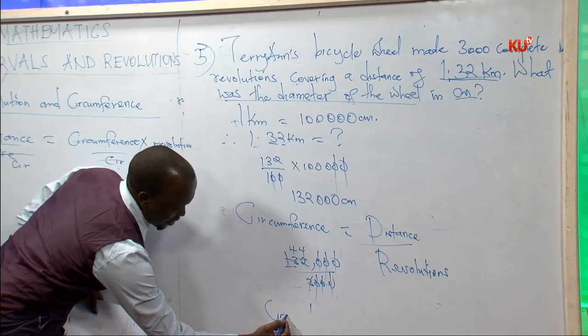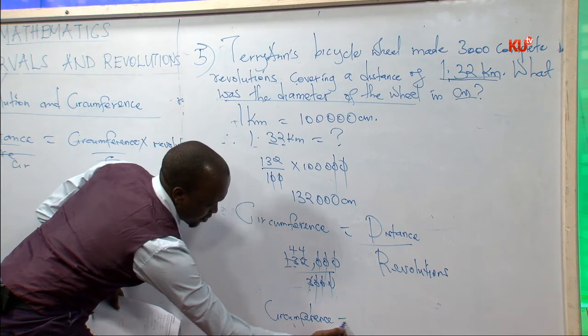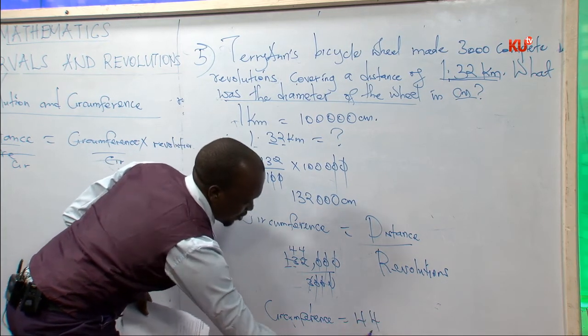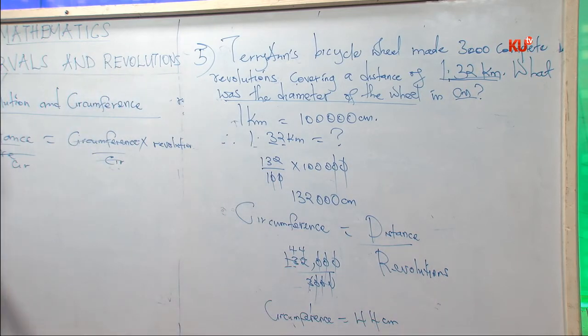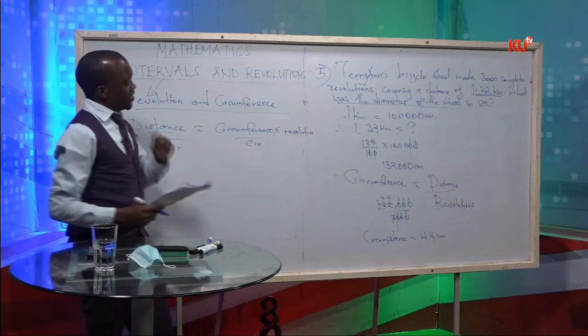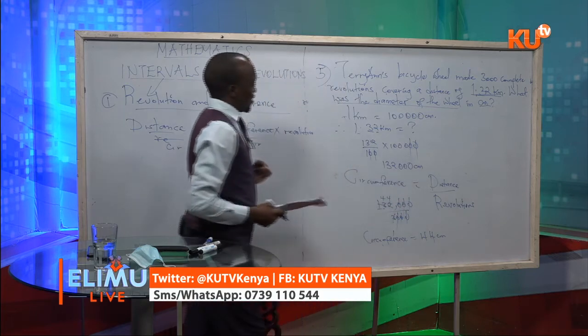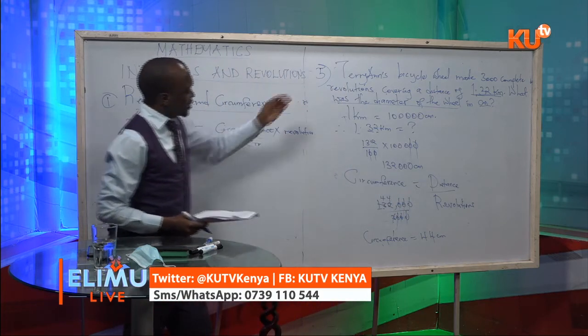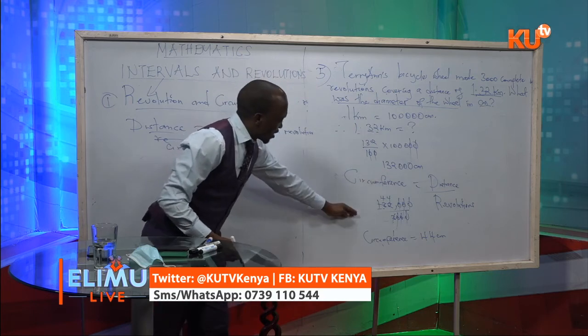Wow. That circumference becomes 44. And they are centimeters. Remember, learners, that this is not the question asked. The question asked is, what is the diameter of the wheel? We've really worked it out. We started with changing this one to centimeters. We found the circumference.